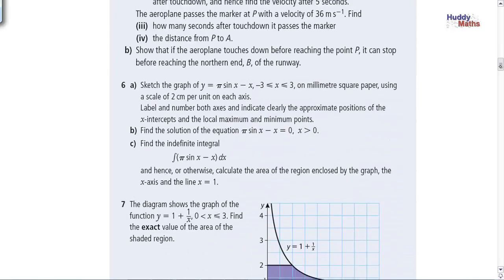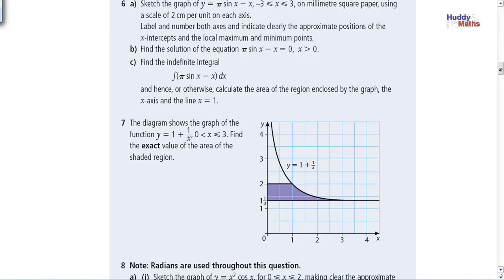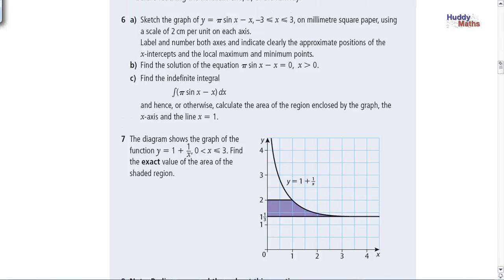Okay, question 6. I think we've got 7 on there as well. Yep. Okay, that's an interesting one. Might have to fiddle around with that a little bit, because we haven't got all the area down underneath it. Okay, have to take something away perhaps, a little bit of a hint.